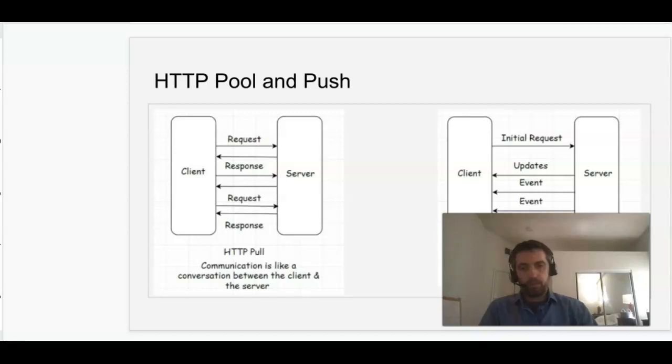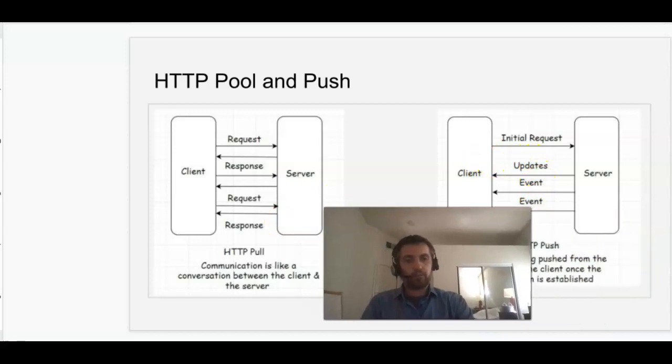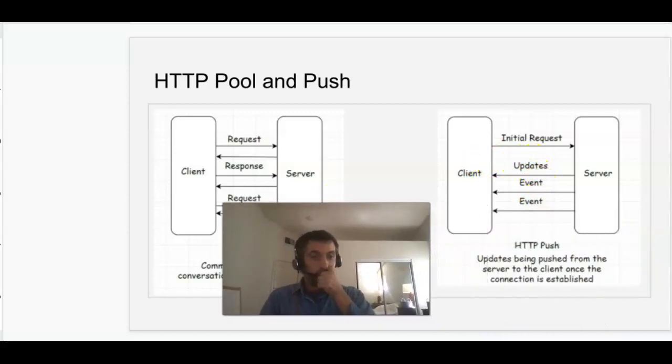And this is a very typical illustration of that. You have a client and a server, there's a request and a response, and then the request and response keep going back and forth. While in the case of push, it's a little bit different, where a single request comes in, the connection gets established, and we get updates from the server periodically.